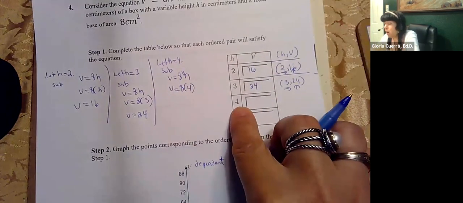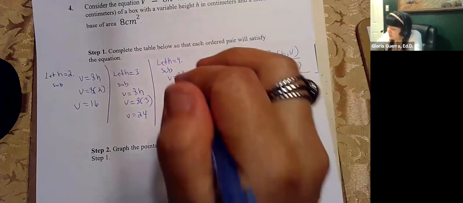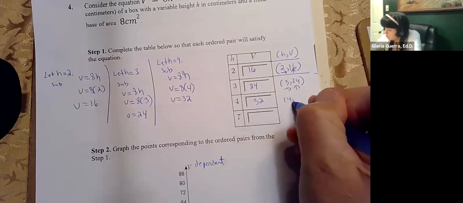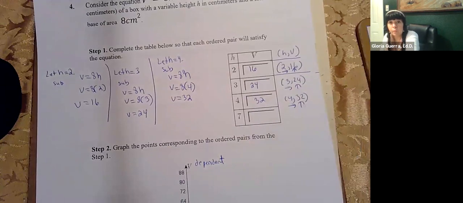And that gives you 32. So you have (4, 32). So you can go to the right 4 and then go up.